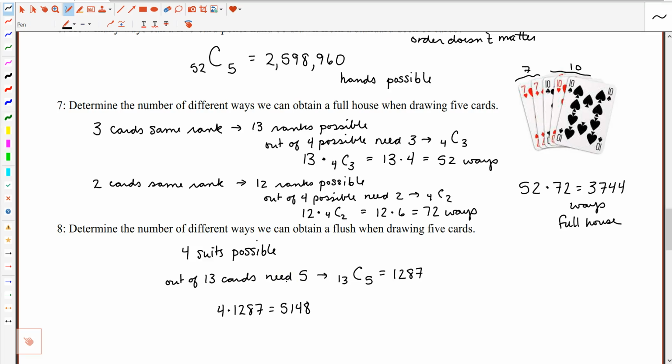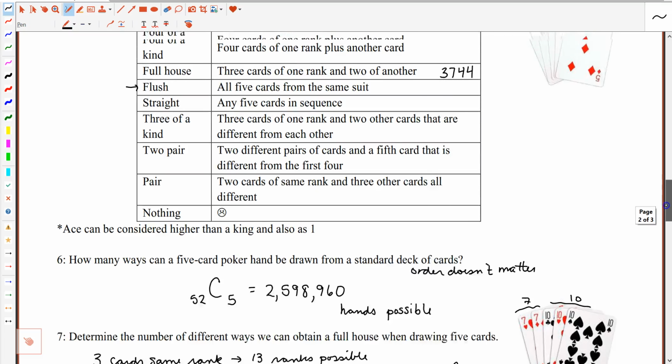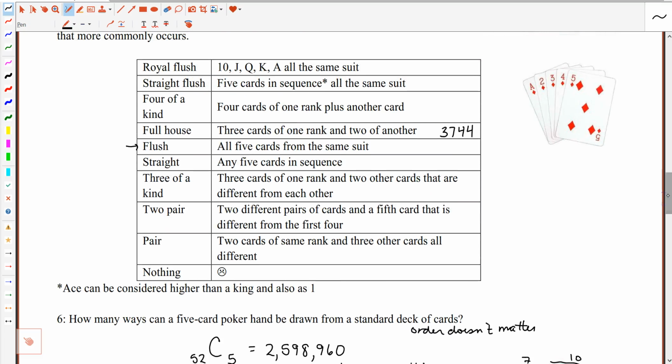So we do not want to count if we have a royal or a straight flush here. Yes, it's a flush, which was counted here, but it's a very special type of flush. So let's look up here and see how many ways we can do royal and straight flushes.